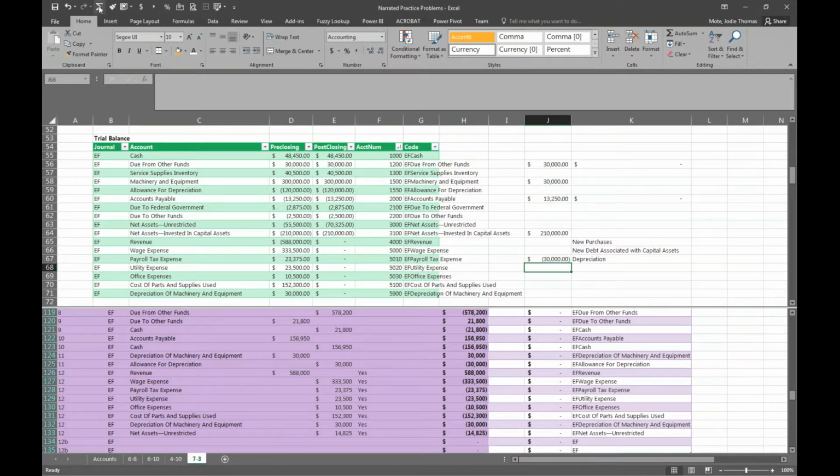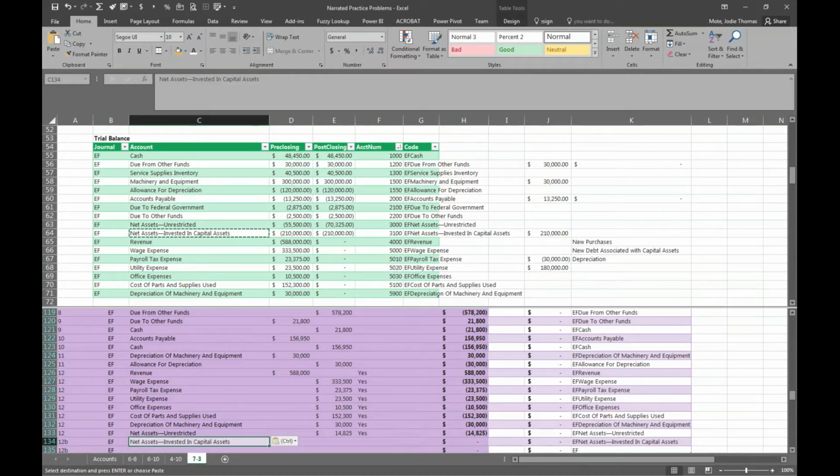Okay, so what we're coming up with here is a balance of 180,000, which is what it needs to be for this net investment in capital assets. So all we're doing here is debiting this one.